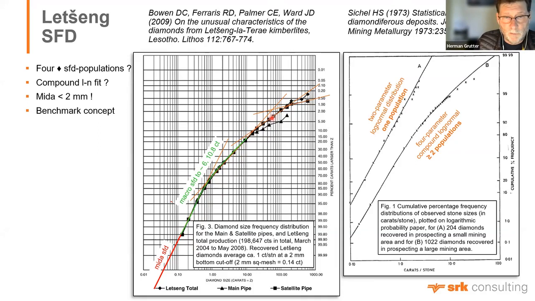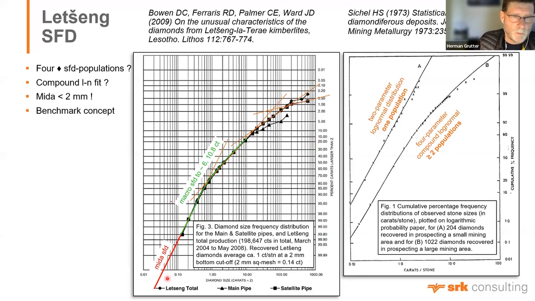predict in a true fashion what's going on in this part of the curve, which is these special type 2 diamonds, because they are a completely different population of diamonds. They are not represented in this part of the curve.